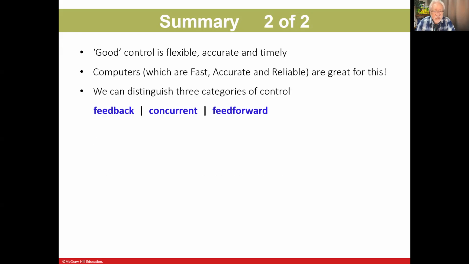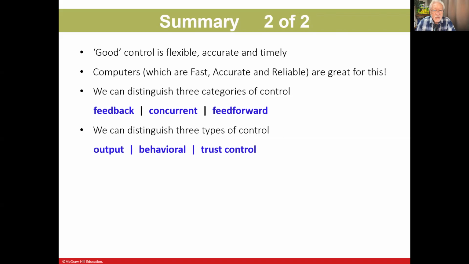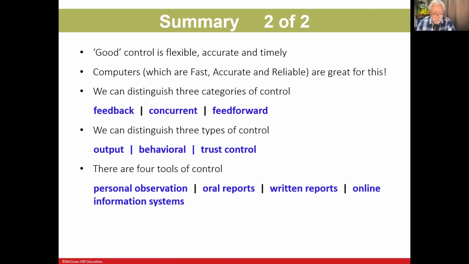There are 3 categories of control: feedback control, concurrent control, and feed-forward control. We distinguish 3 types of control: output controls, behavioral controls, and trust controls. And there are tools of control. We can observe what's going on.